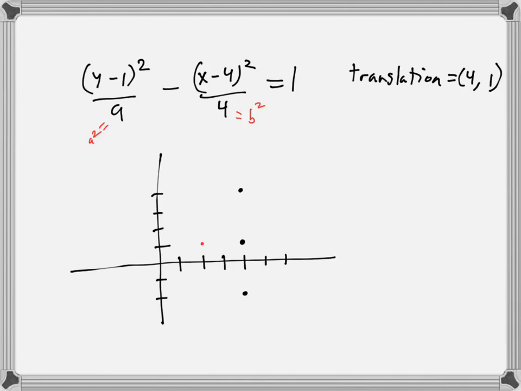Now remember, this is just used to draw our asymptotes. It's a hyperbola, right? Let me also say that we have, oh sorry, no, up and down branches, right?